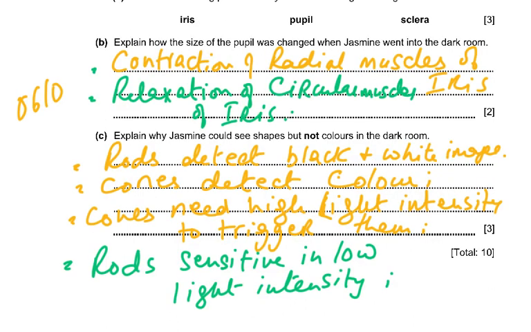The pupil size changed by contraction of the radial muscles of the iris and relaxation of the circular muscles of the iris. Jasmine could see shapes but not colors because rods detect black and white images and are sensitive in low light intensity, while cones detect color and need high light intensity to trigger them. This is more 0610. Please remember, this is not 5090, which does not have rods and cones.